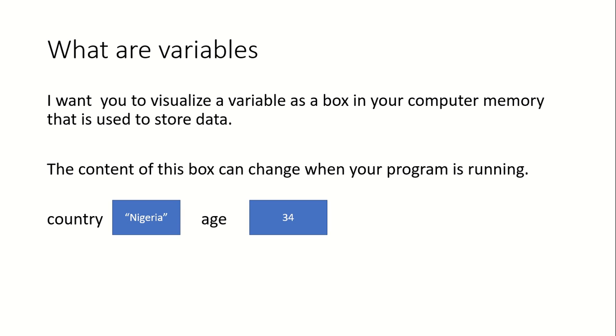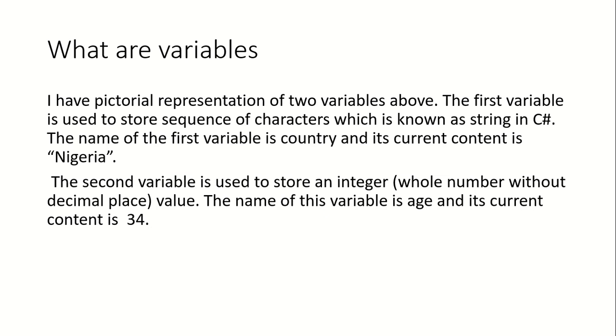Now, I have a pictorial representation of two variables above. The first variable is used to store a sequence of characters, which is known as a string in C#. The name of the first variable is country and its current content is Nigeria. The second variable is used to store an integer, a whole number without decimal place value.